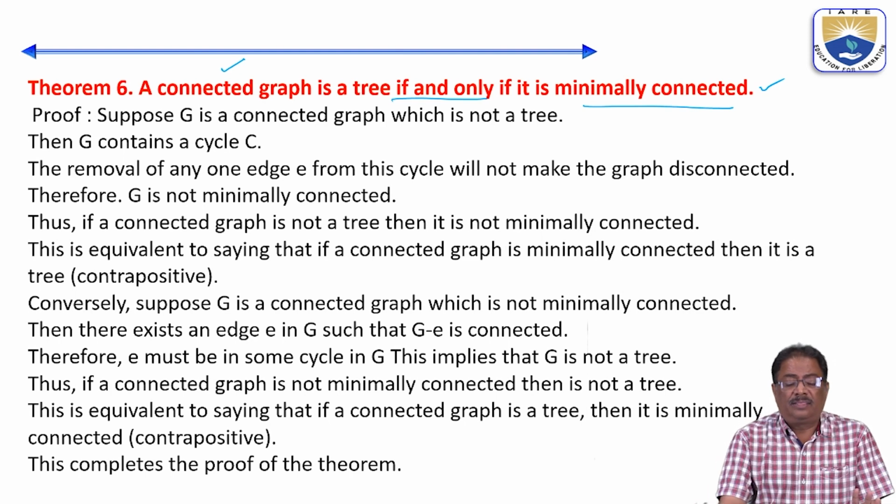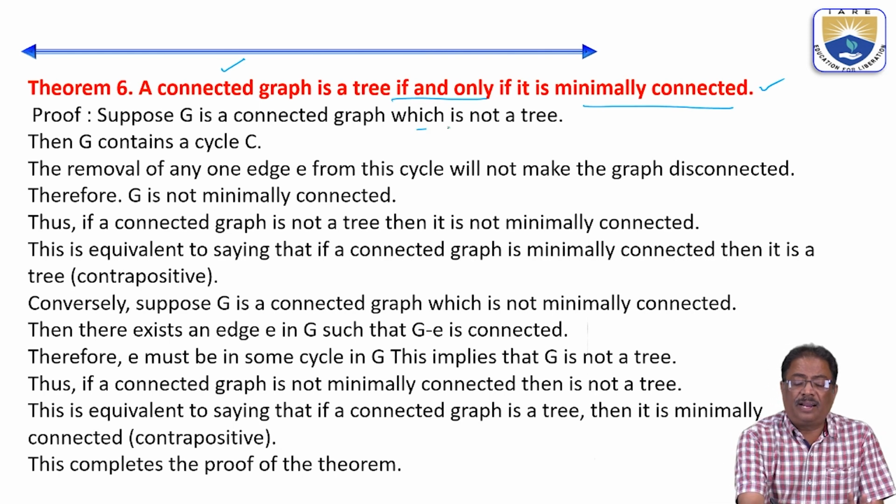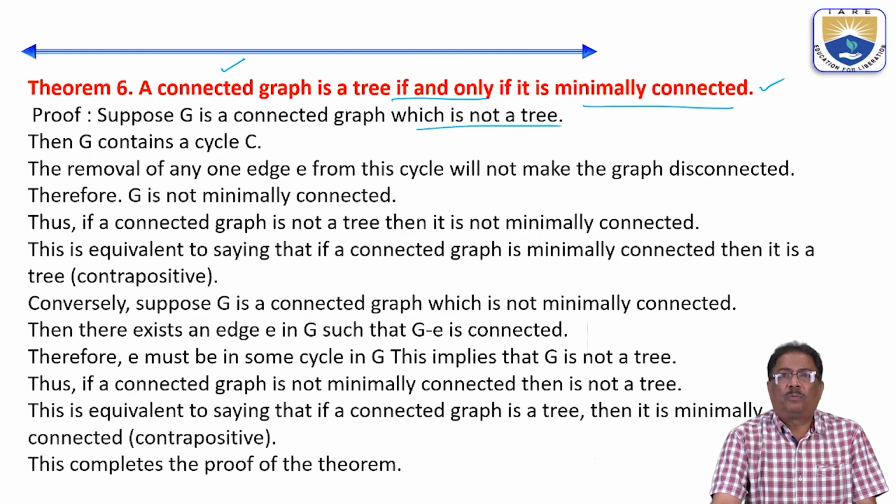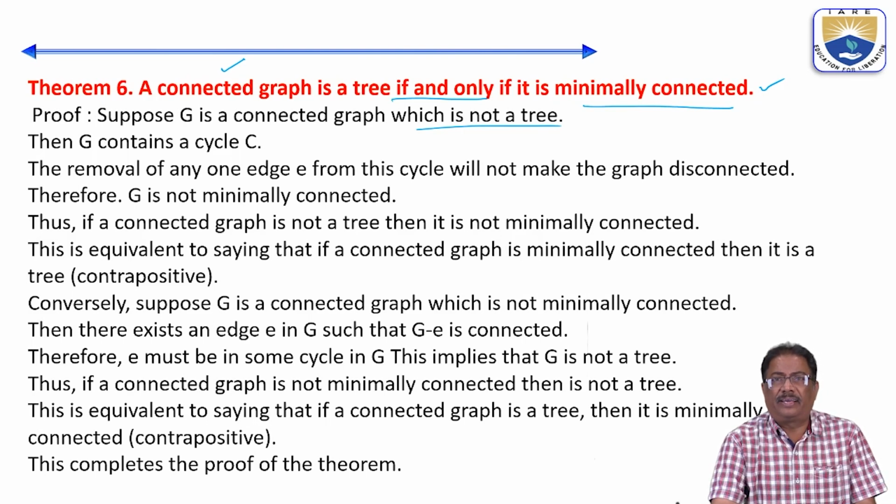Now, here the graph is not a tree. Suppose G is a connected graph, but it is not a tree.